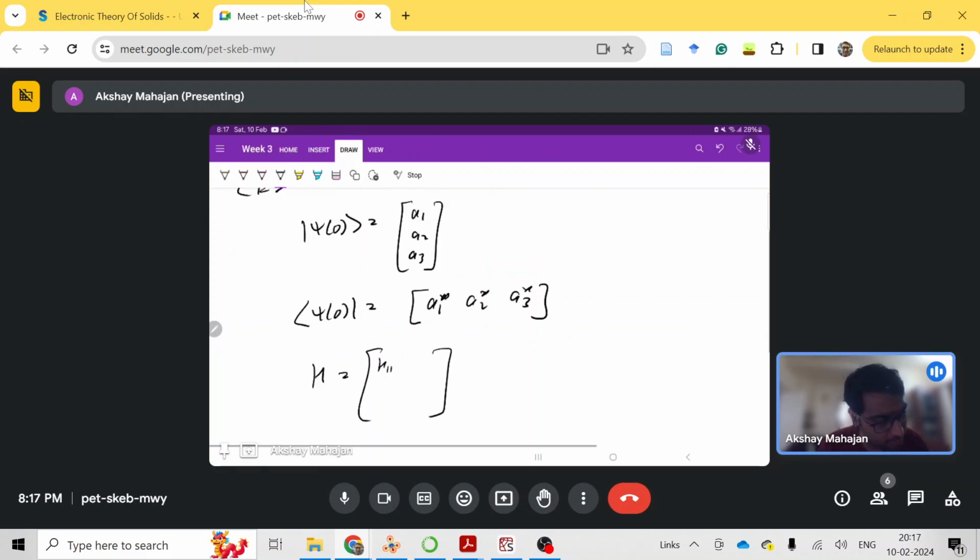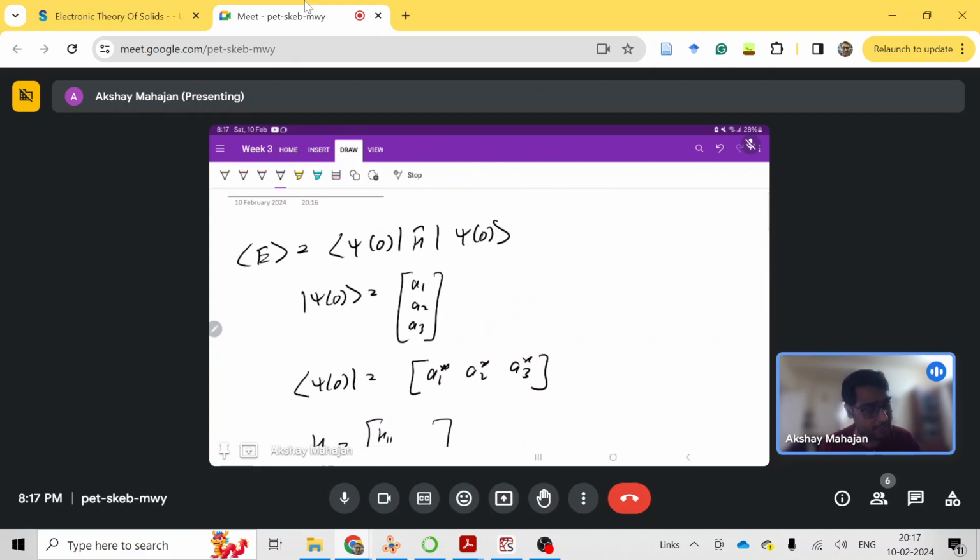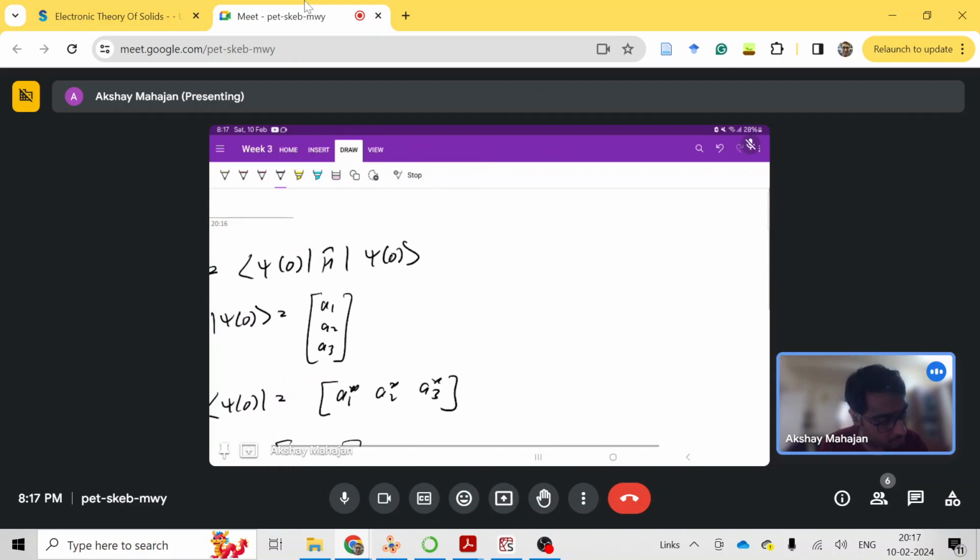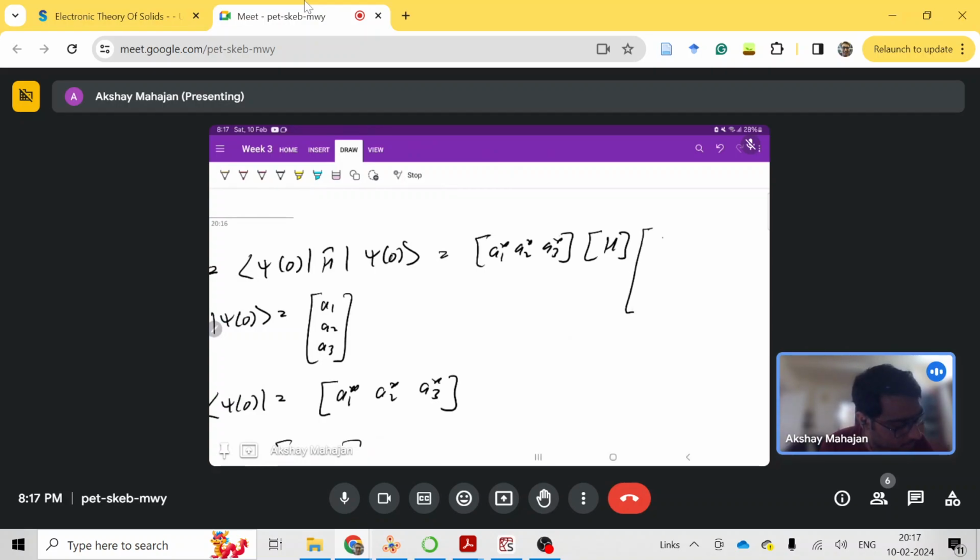So this will be similar to matrix multiplication: you take a1 star, a2 star, a3 star, then your H matrix, and then this ket, a1, a2, and a3.